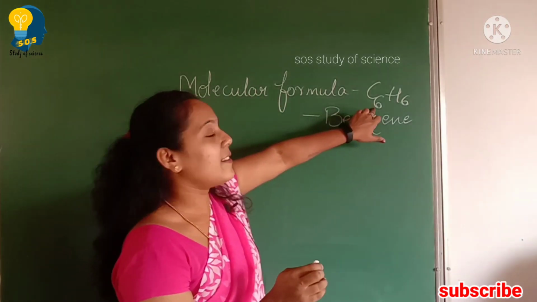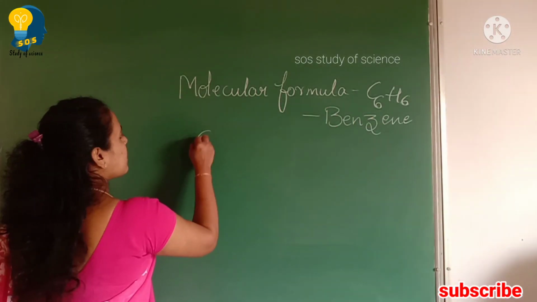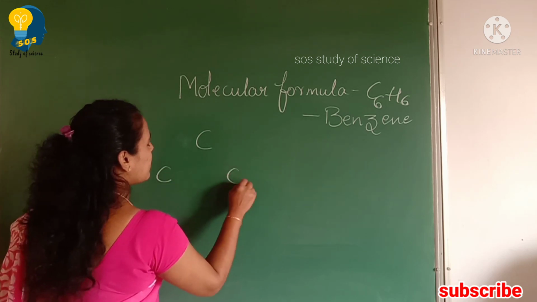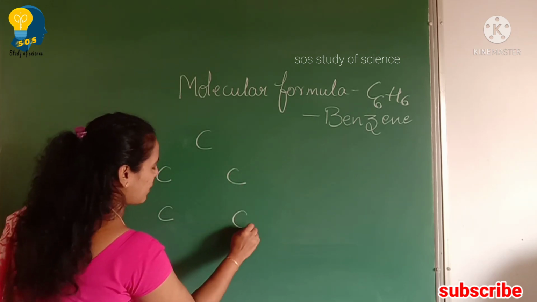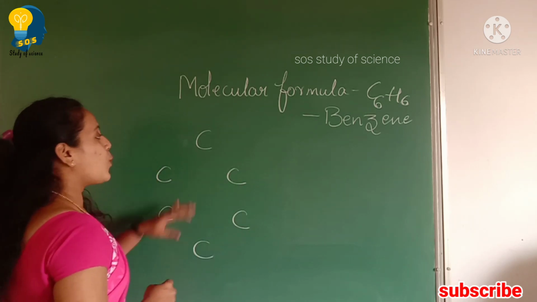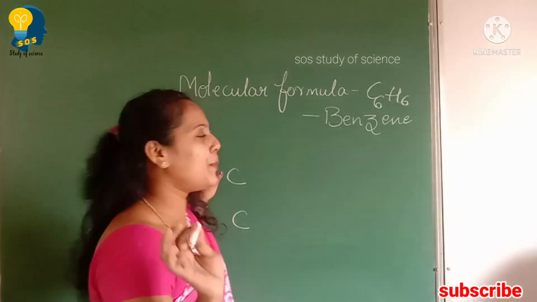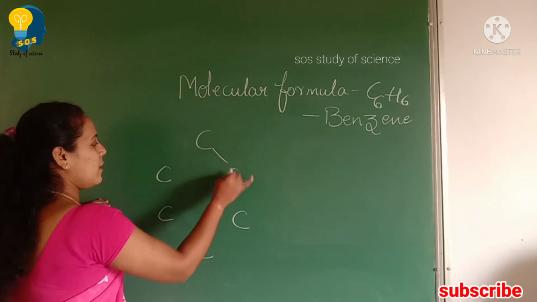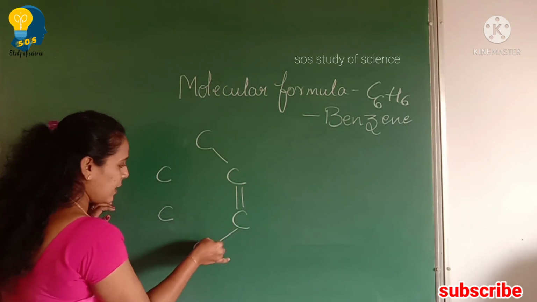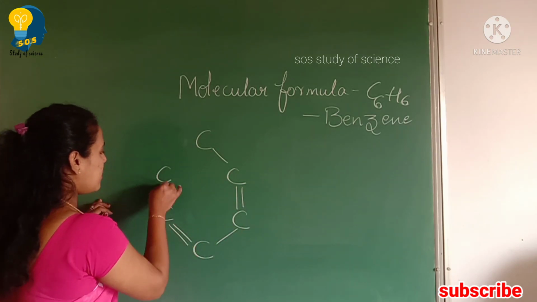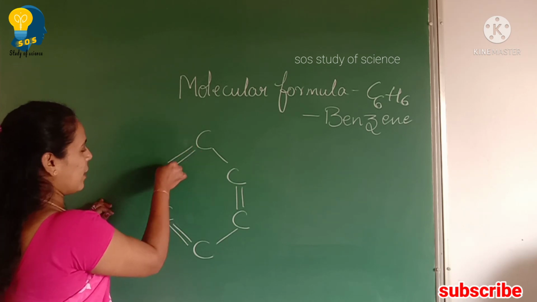Benzene will be written in such a way that it has a closed structure. See, there are 6 carbon atoms, and they will be written in such a way that they form a closed structure. When we write benzene, it will have alternate single bond and double bond: single bond, double bond, single bond, double bond, single bond and double bond.